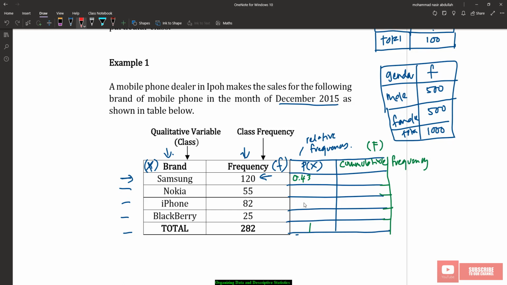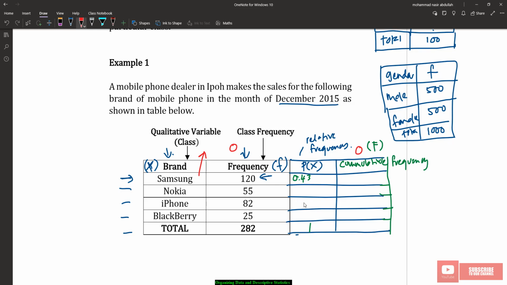So cumulative frequency starts before the first class. There is no class before the first class, and of course the frequency before the first class is 0. Boleh faham? So the cumulative frequency before the first class is also 0.